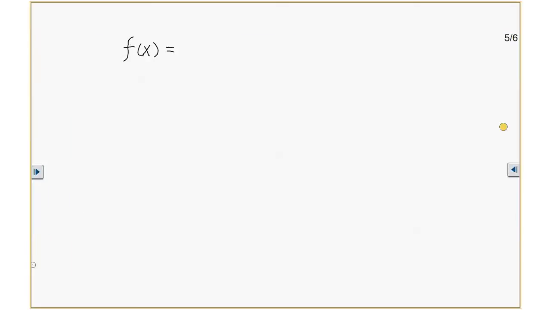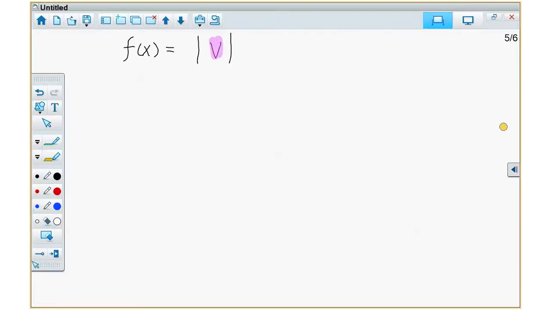All right, in a black color, I want you to do absolute value of x.